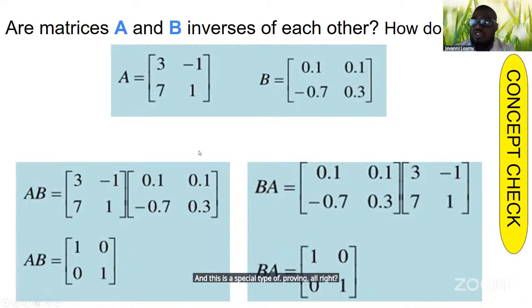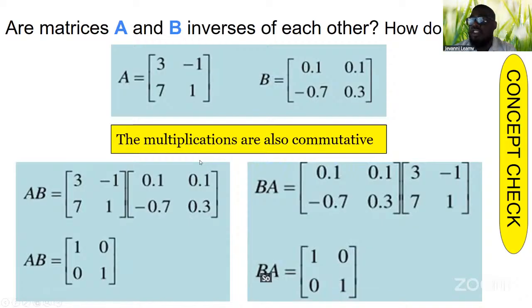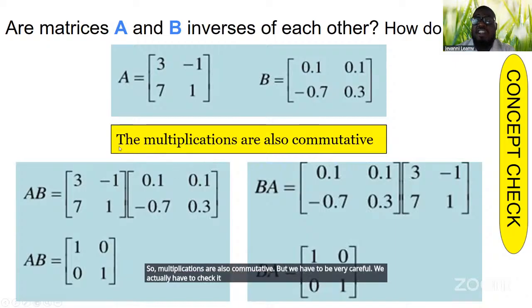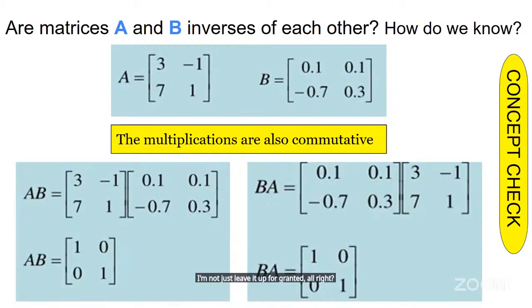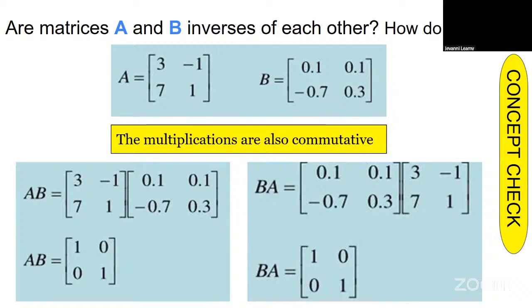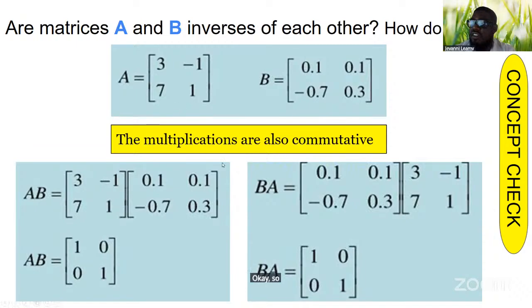Again, this is a concept check. So multiplications are not always commutative, so we have to be very careful. We actually have to check it, multiply it, and not just take it for granted, all right? Okay, so that goes right there.